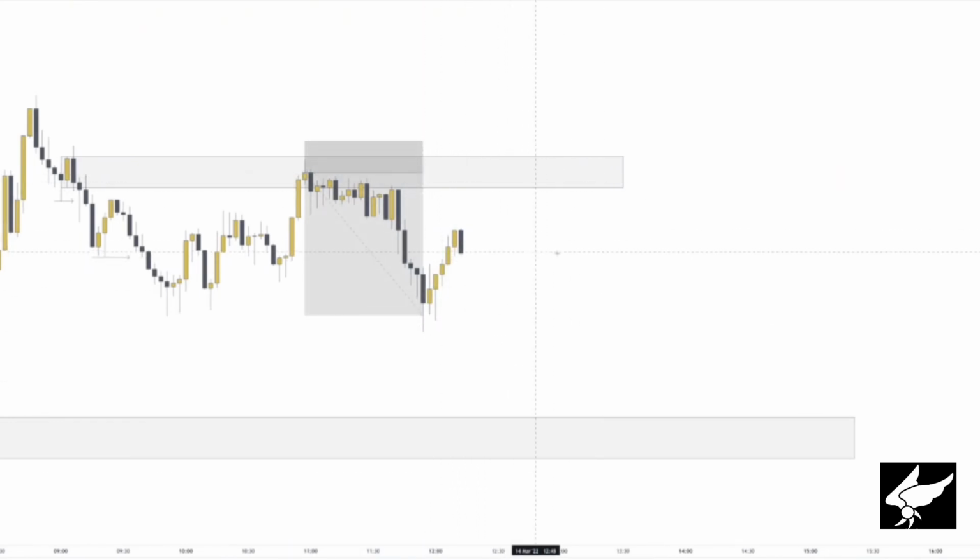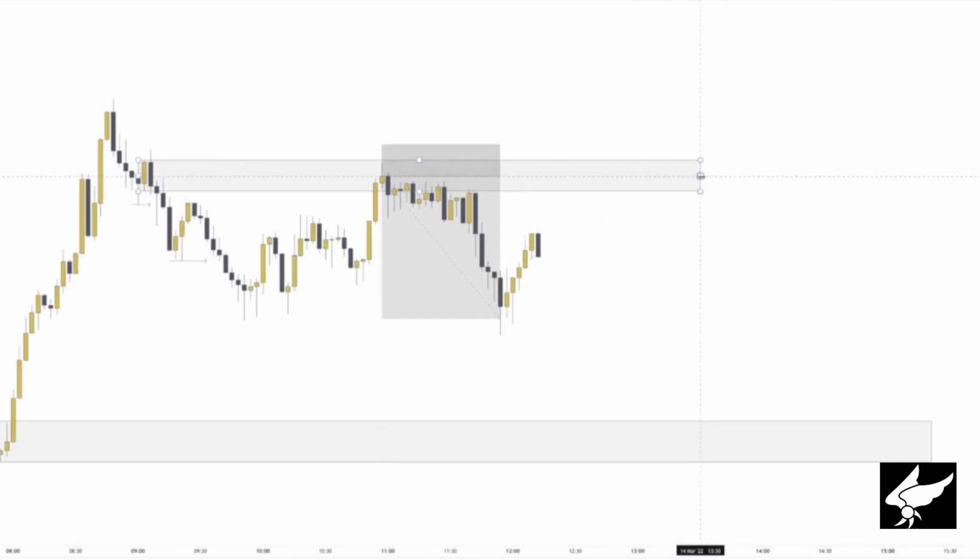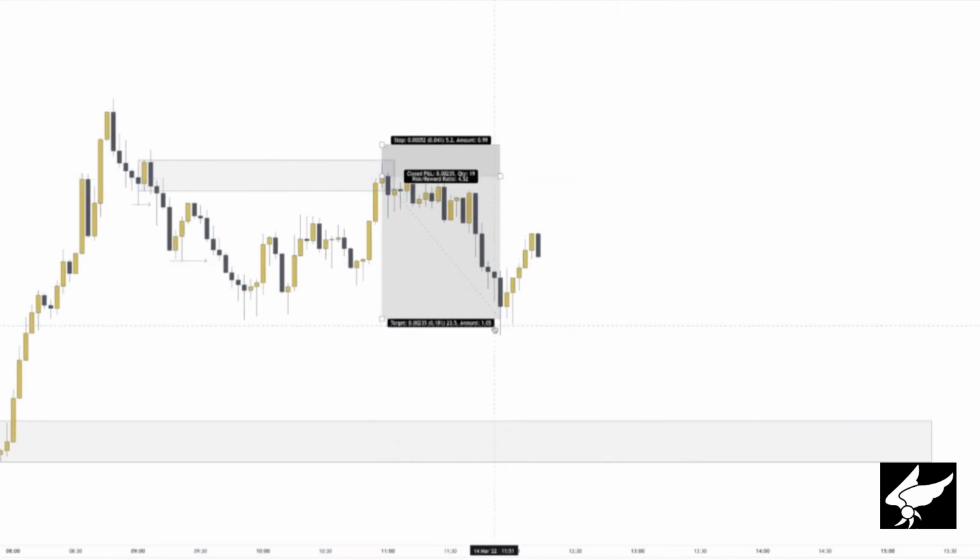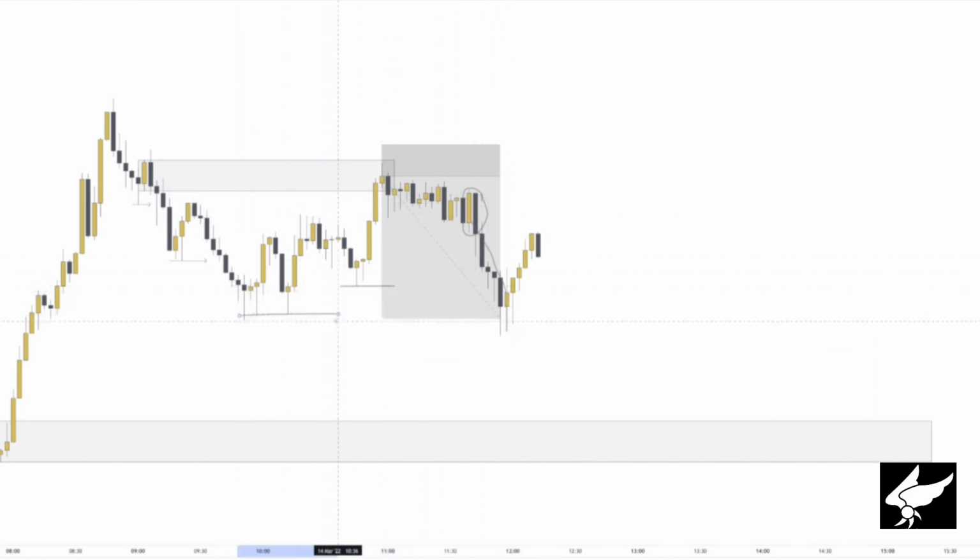But then what occurred is a new point of interest. So let me rein this back a little bit just so it's a little cleaner. So as we can see, this move right here was the point of origin for this bearish momentum that broke multiple structure points. So that was my new point of interest.